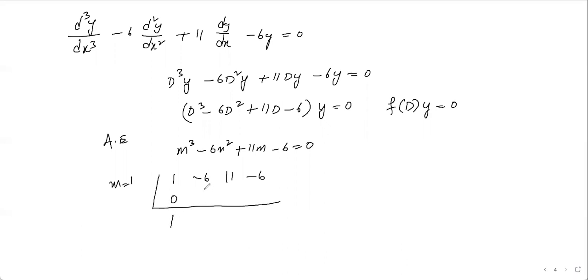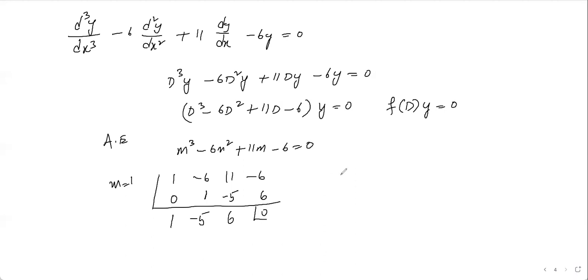Okay, so the result of this 1 multiplying 1 is 1. When you add, we get minus 5, multiply 1, we get this as minus 5. You add this, and this is 6. Multiply 6, so this will be 0.